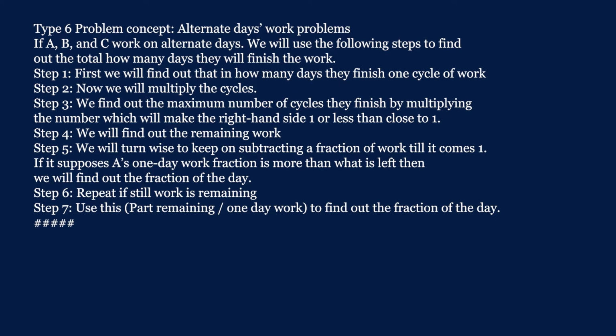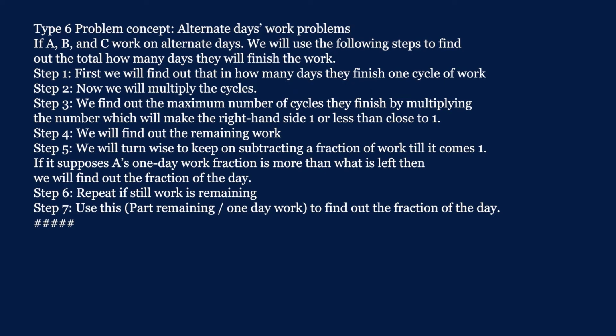But if we reach some fraction of the work, we find the fraction of day by using the part of remaining work divided by 1 day's work. This is the easiest method to solve these alternate days kind of problems.